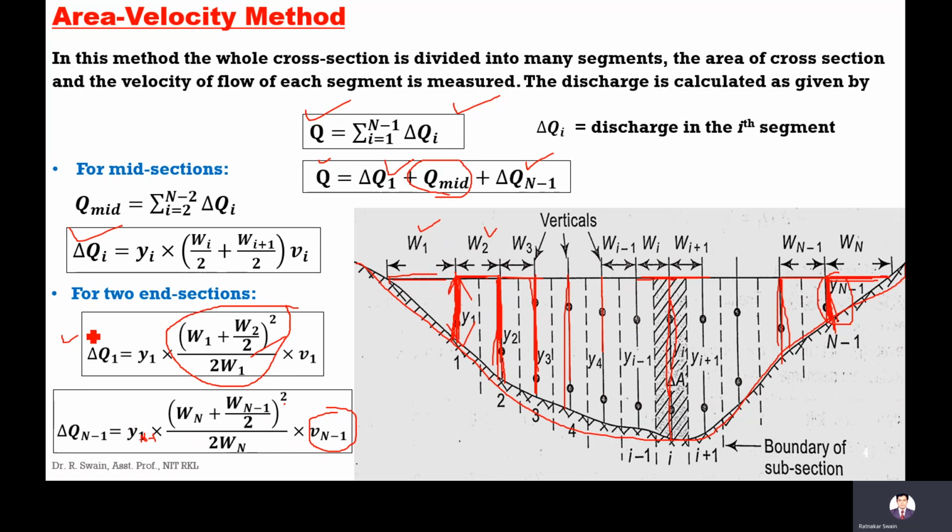So this is the discharge of the first section, this is the discharge of the second section, and these are the discharges of the mid sections.